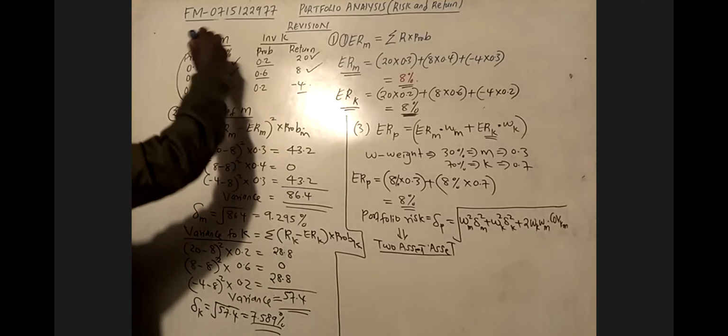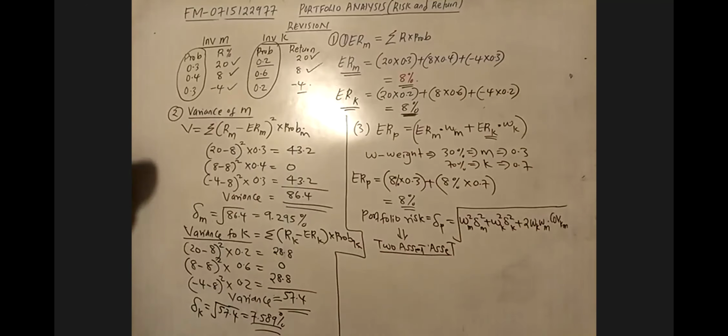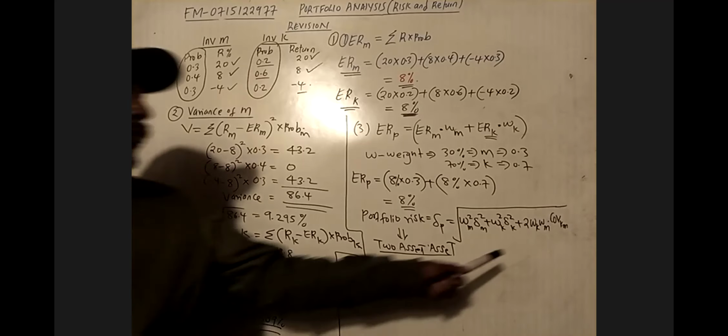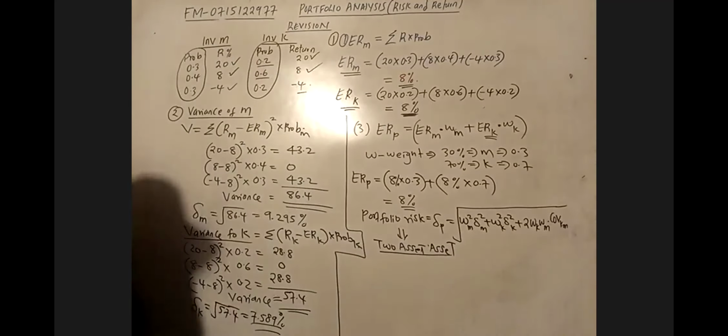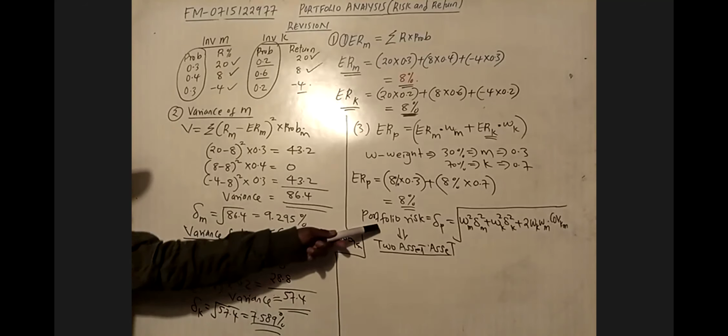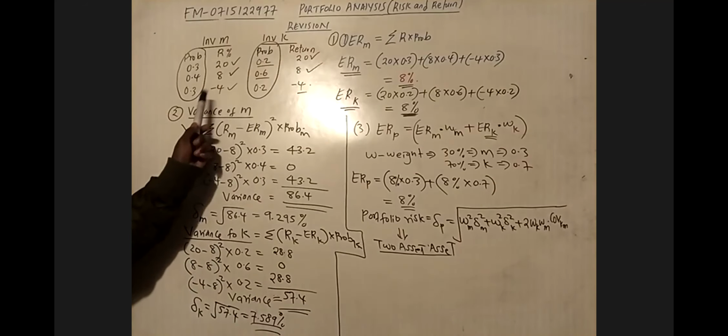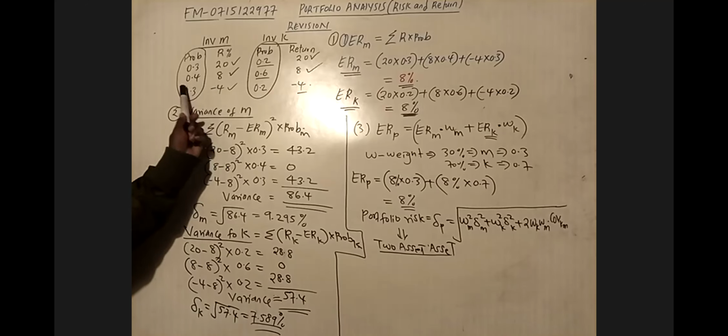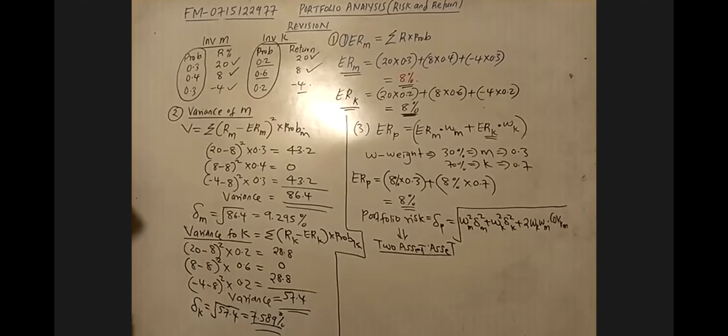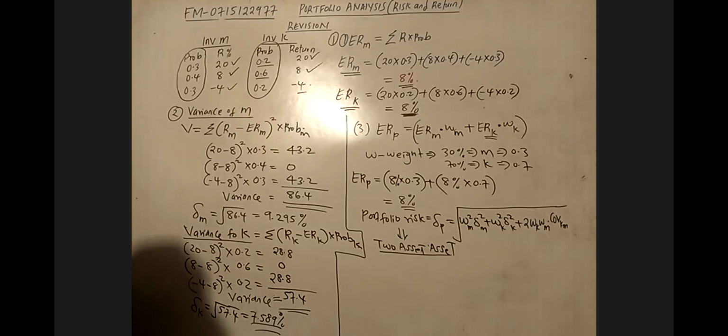So the two assets have different probabilities, and therefore we cannot find the covariance of K and M. So we cannot find the portfolio risk of this question because we have different probabilities. So that's all about that question.